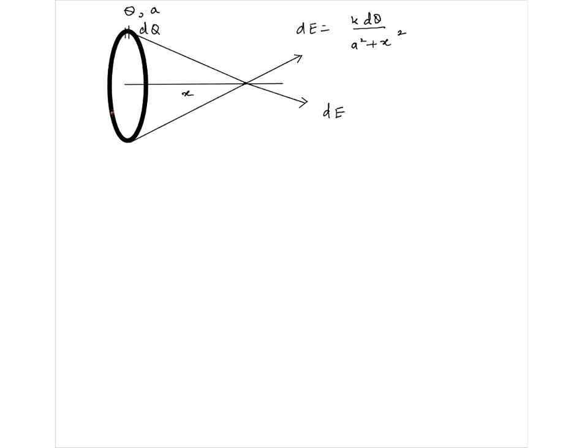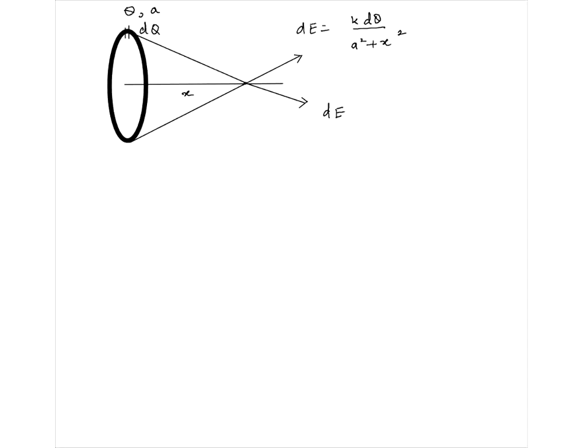Everybody will have some partner, suitable pairs, such that only one component will survive, and that is the axial component that will survive. So for this dE, the axial component survives. For this dE, the axial component survives. Likewise for this dq, whatever dE is there, its axial component will survive. Right?